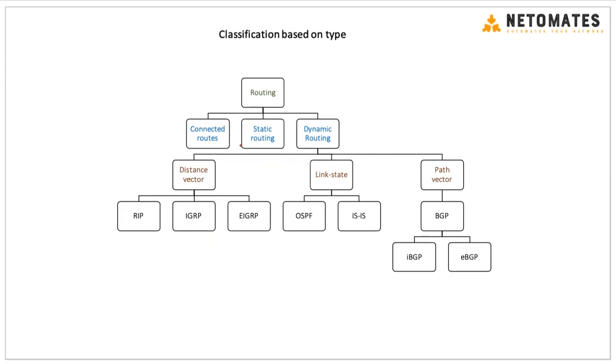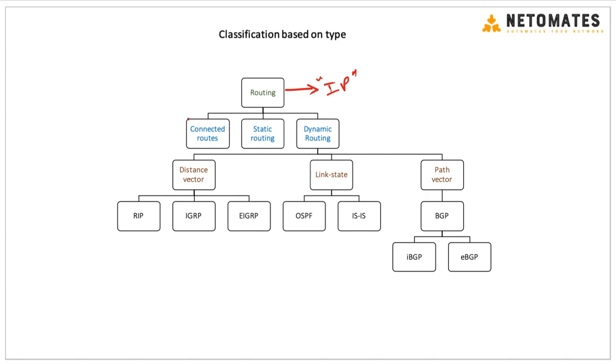So let's see what different types of dynamic routing protocols are available. The first topic we are discussing is routing. Routing is based on IP, just to move packets from one network to a different network with the use of routers. So routers can know about route information in three ways.